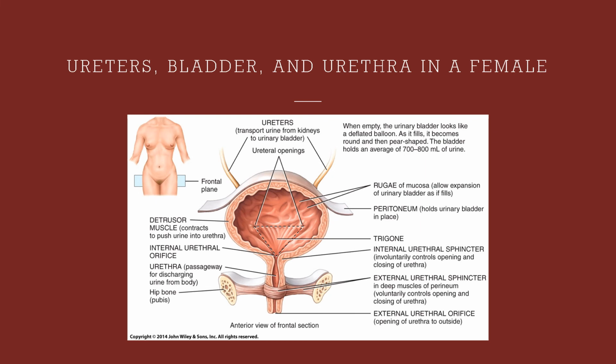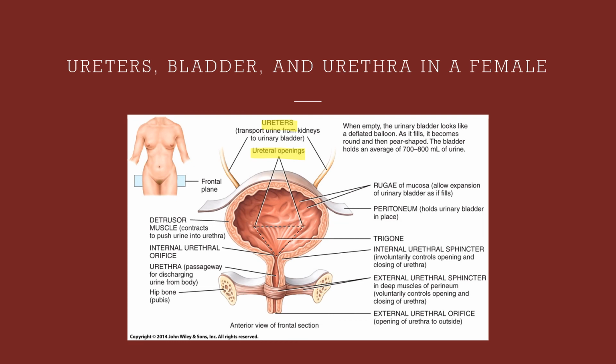At the base of the urinary bladder, the ureters curve medially and pass obliquely through the wall of the posterior aspect of the urinary bladder. So we can see these ureteral openings. The ureters come in kind of from the backside and have openings here.